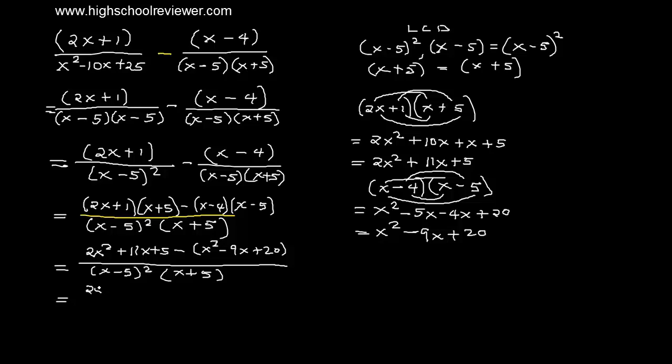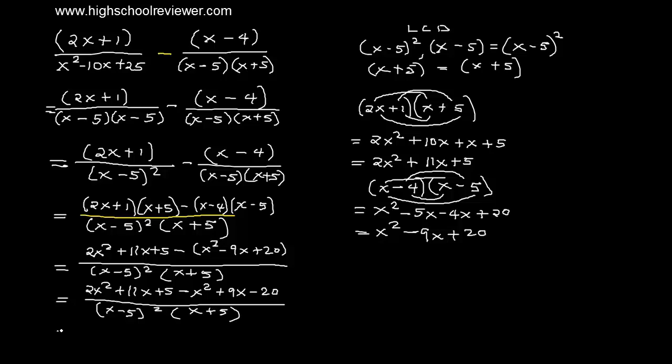So 2x squared plus 11x plus 5. Negative multiplied by positive, this will be negative x squared. Negative multiplied by negative, this will be positive 9x. And negative multiplied by positive, that is negative 20. All over the quantity of x minus 5 raised to the power of 2 multiplied by x plus 5.